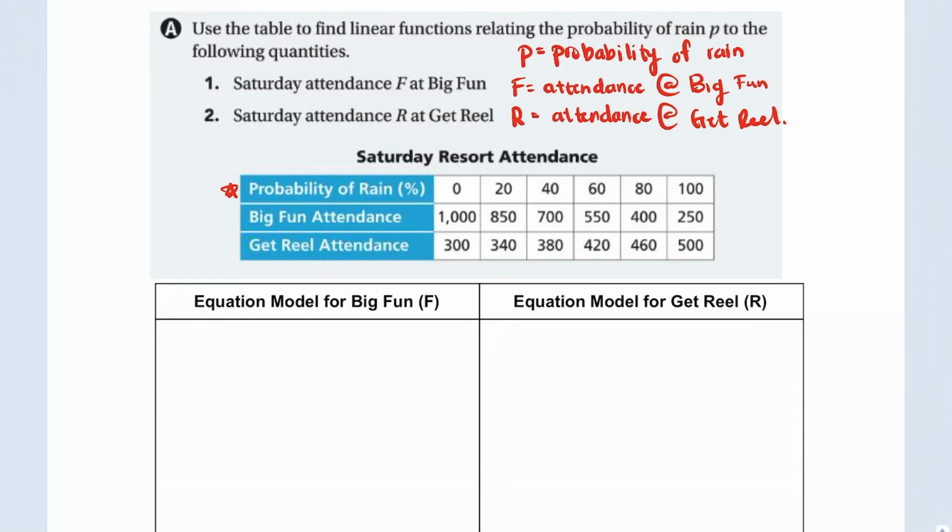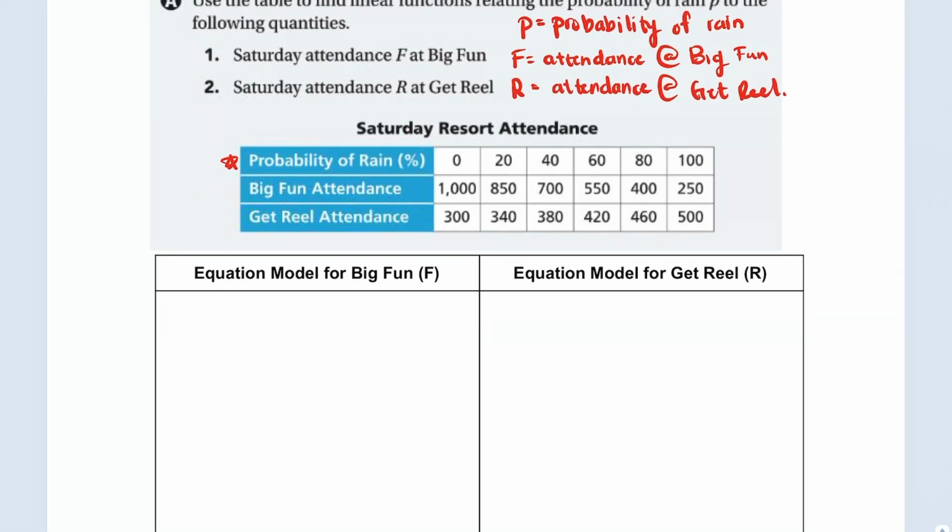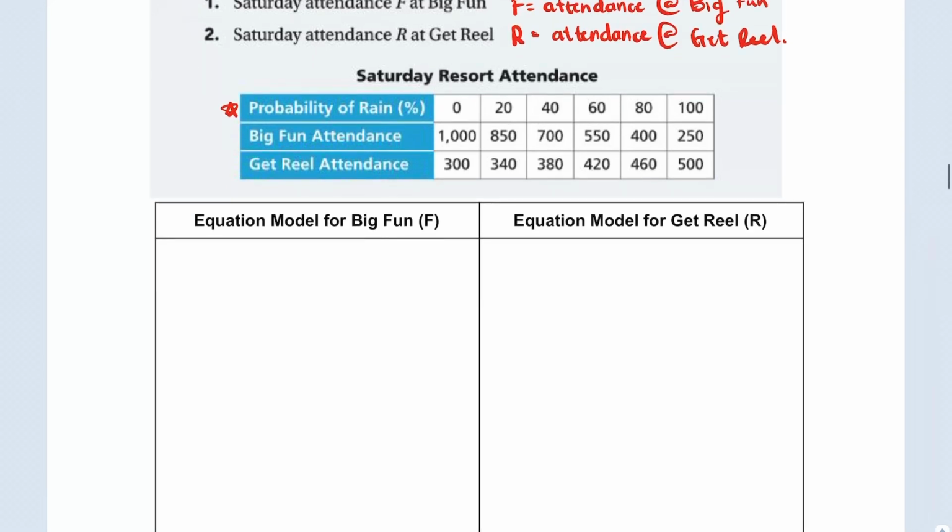We need to write linear models that represent the attendance at both of these places and relate it to the probability of rain. Okay, so we're trying to write an equation, remember, y equals mx plus b.